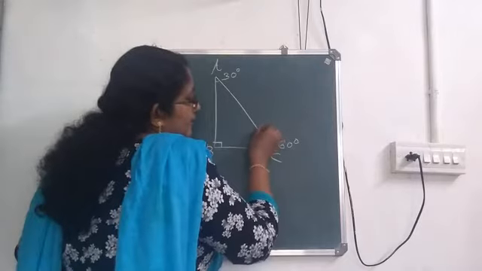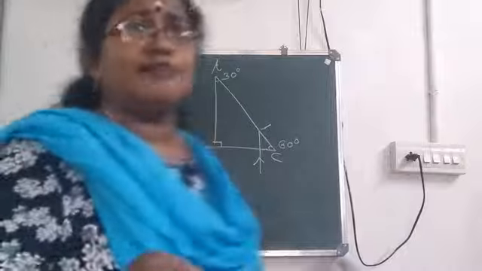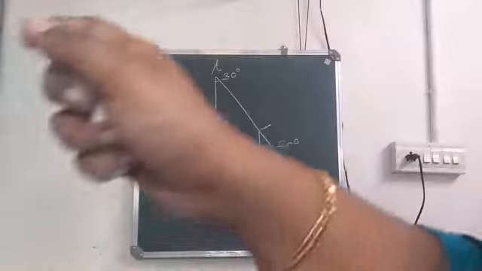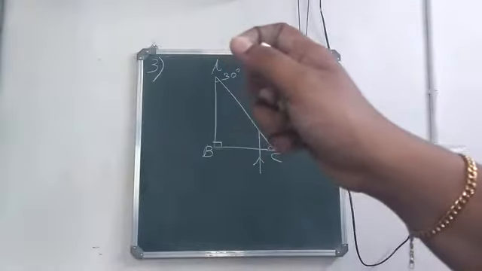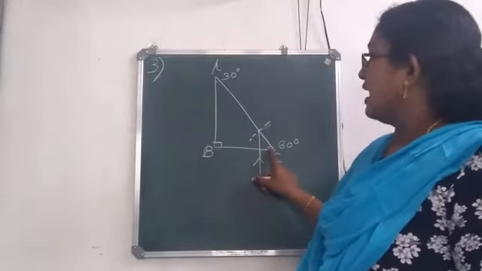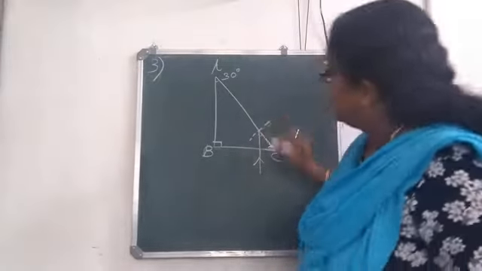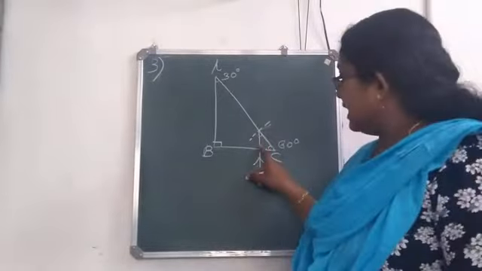Now, here I have to draw the normal there, isn't it? So this is the normal. This angle is 90. This angle is 60. So what will be this angle? This will be 30. 90, 60.